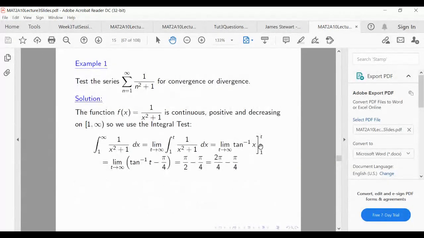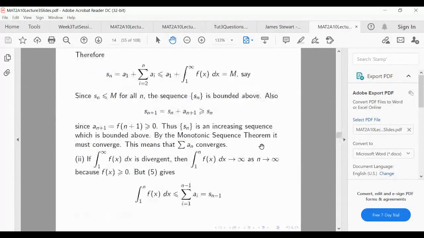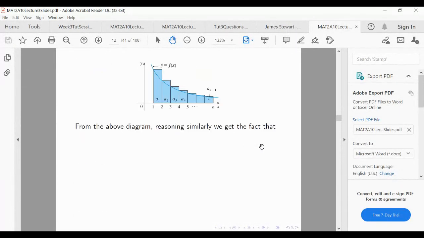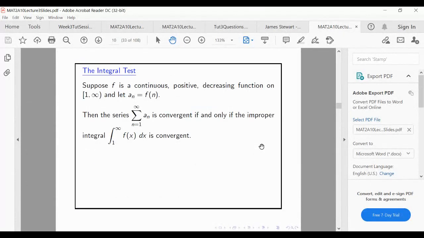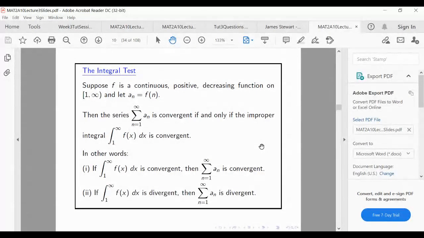So before we continue, I'm going to remind you of the integral test, and then I'll show you the bit that you still need to do this problem. So you are a little bit ahead, Mr. Naika. So there's the integral test. The integral test says, suppose that f is a continuous, positive, decreasing function on the interval [1, infinity), and let a_n be equal to f(n).